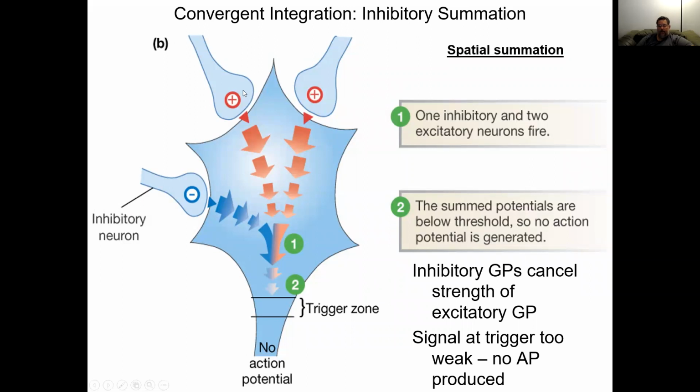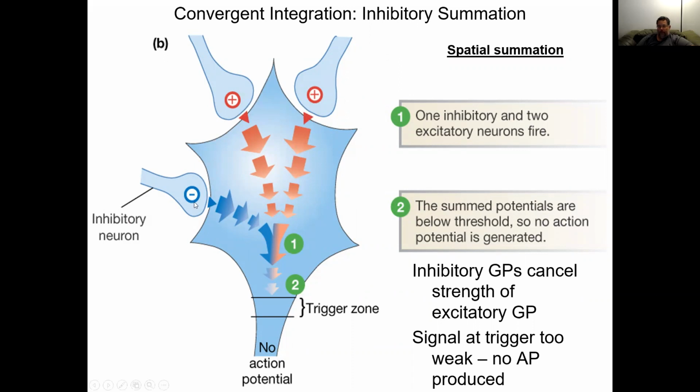In this particular case, we have two excitatory, but notice we have a negative one over here. So what is making these positive? Well, sodium's coming in because, again, maybe acetylcholine or something attached to a receptor, opening up the sodium channel, and sodium flowed in, making it more excitatory.